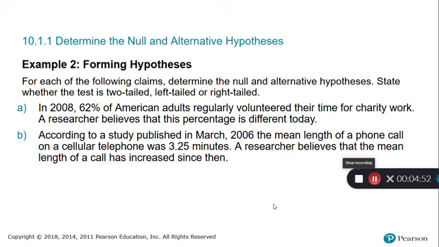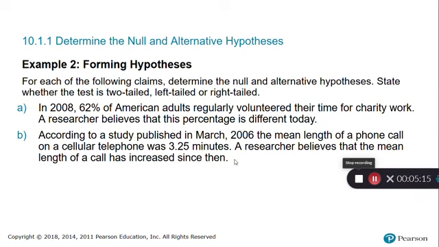According to a study published in March 2006, the mean length of a phone call on a cellular telephone was 3.25 minutes. A researcher believes that the mean length of the call has increased since then. Okay, so on this one, our parameter is the mean, or mu. Our null hypothesis will always be equal to, so we have equal to the 3.25 minutes.